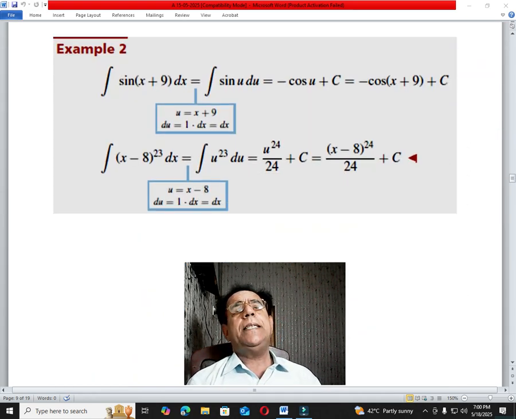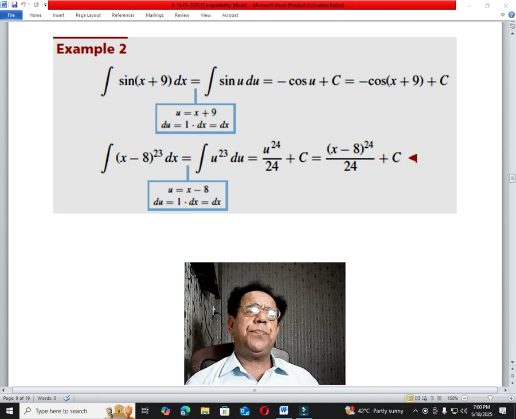Okay, here in the next example we will use x plus 9 equal to u, then du by dx will be equal to 1 plus 0, that is 1. That is to say, in this case dx and du will be both equal. Du will be equal to dx.